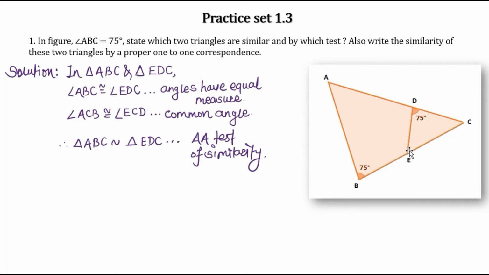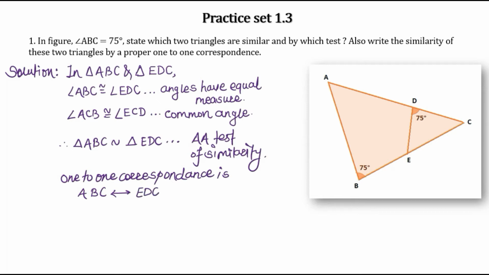So the one-to-one correspondence can be written like this: ABC corresponds to EDC.